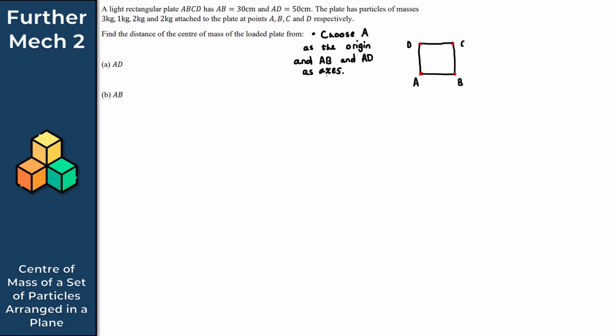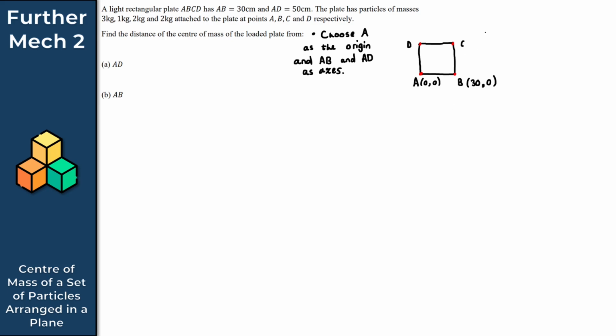Perfect. What I also want is the coordinates for each individual point or particle, and also the respective masses. If A is the origin, then A is simply 0, 0. What about B? Well, AB is 30 centimeters, so the x coordinate would be 30 and the y coordinate will be 0.